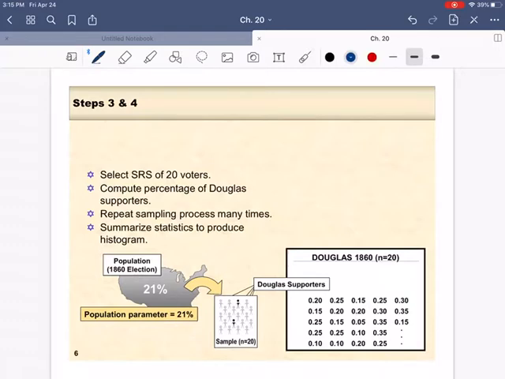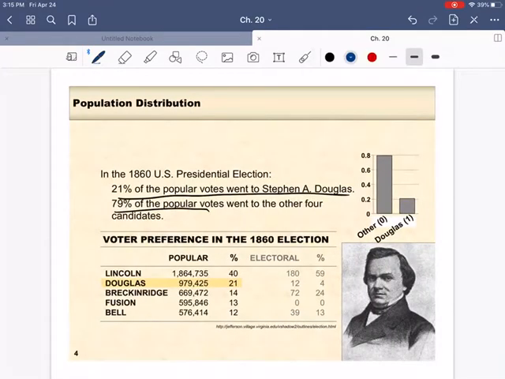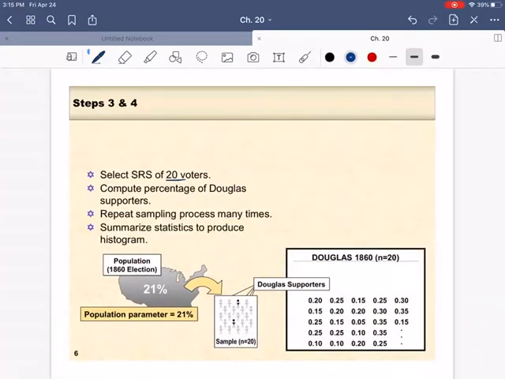So to get that sample of 20, they randomly select 20 of the voters. So out of all the voters, if we randomly select 20 of them, we then count how many of them were Douglas supporters.